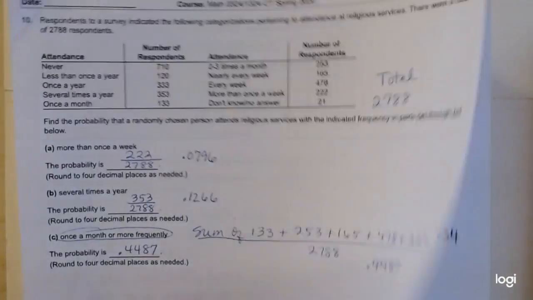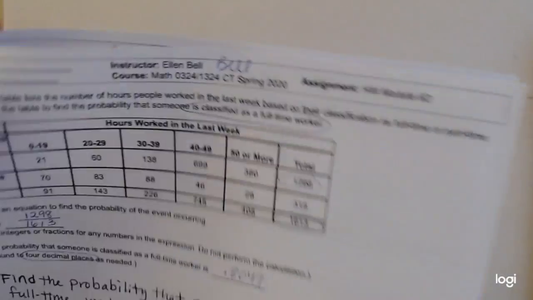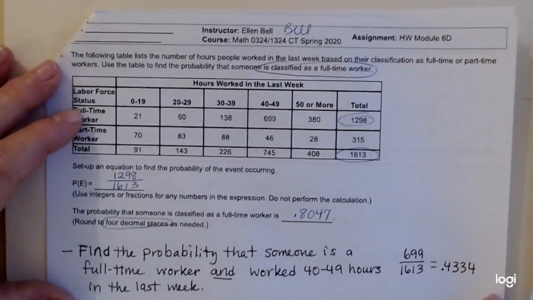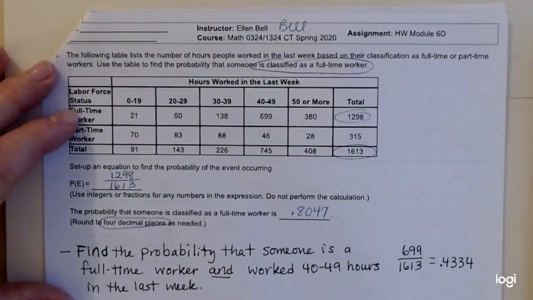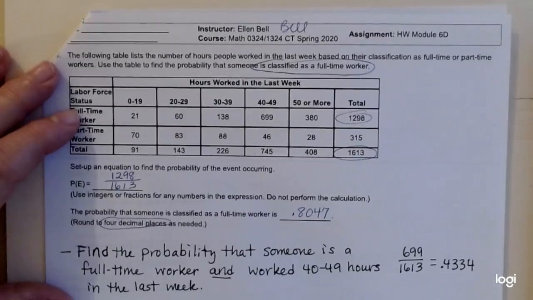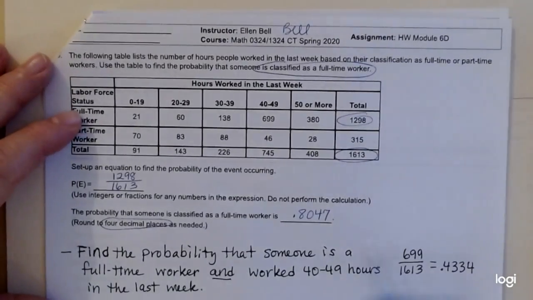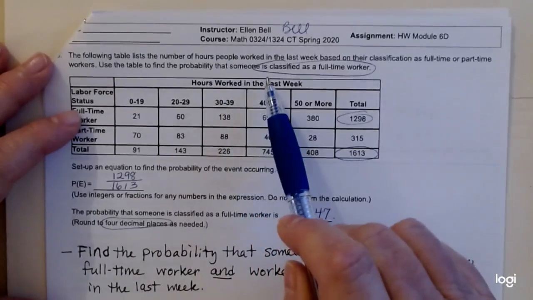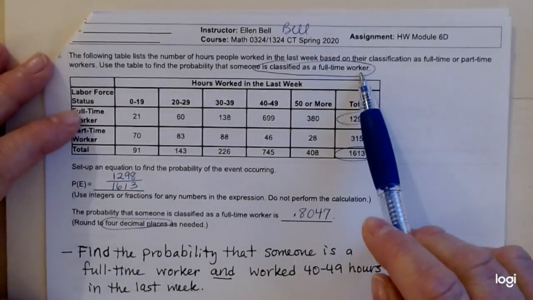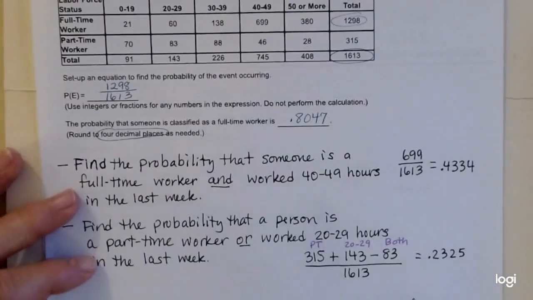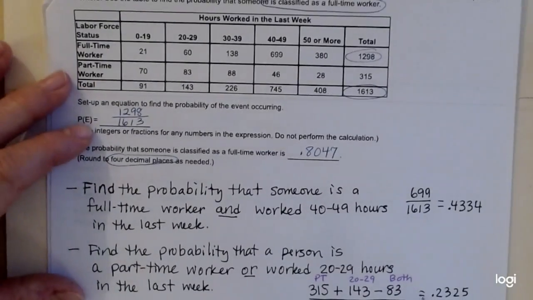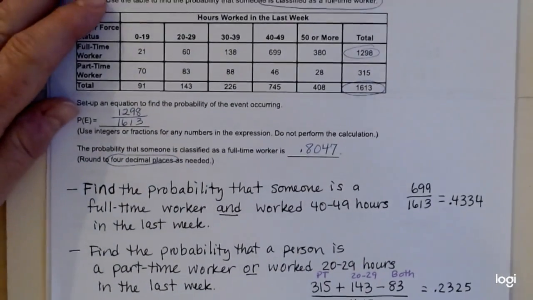In the next question, the second one, we have a table that lists the number of hours people worked in the last week based on their classification as full-time or part-time workers. And we're going to use the table to find the probability that someone is classified as a full-time worker. And then I've added a couple of questions on here since we've already got the table of values.